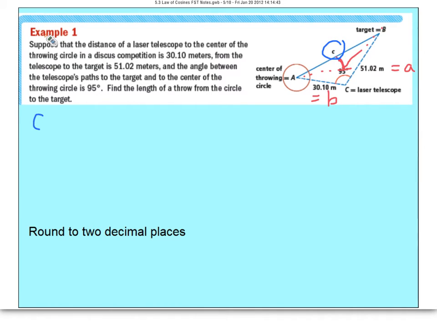So I'm going to start with C squared, and it's going to be equal to the other two side lengths squared minus 2 times those two side lengths. And then we always end with the cosine of the angle that matches up with the side we started with. So cosine of C. And let's just fill in the numbers.